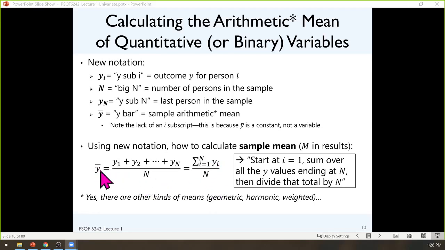That's what the bar over the top means, which is notation that conveys the sample mean specifically. So the mean for a particular sample, you can say y bar equals, or you could say capital M, in italics, equals as well. Depending on who's writing the article, if it's a stats article, you'll see y bar. If it's an article for social sciences more generally, you'll see an M.